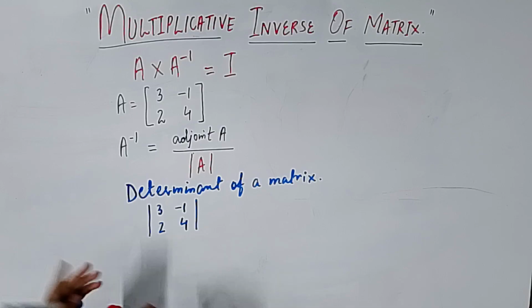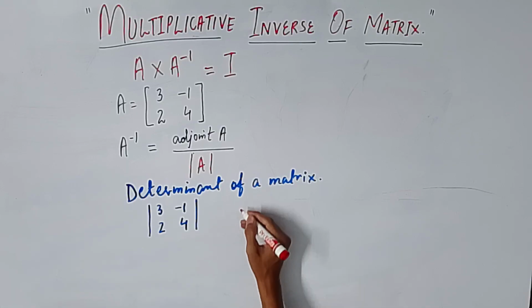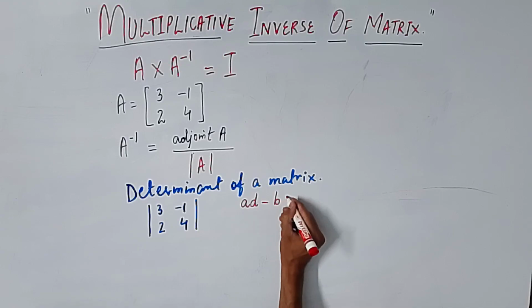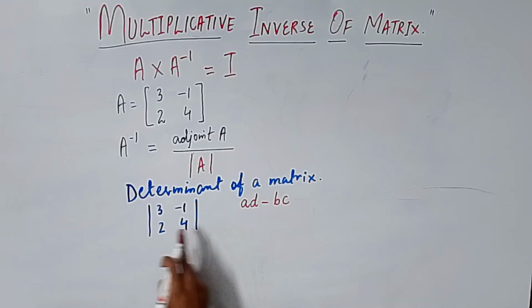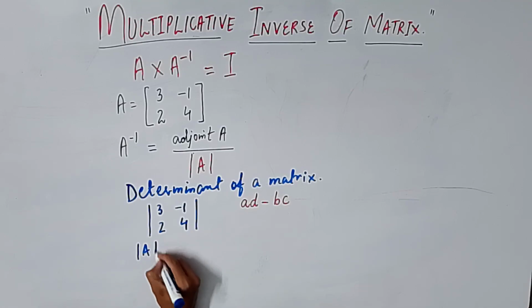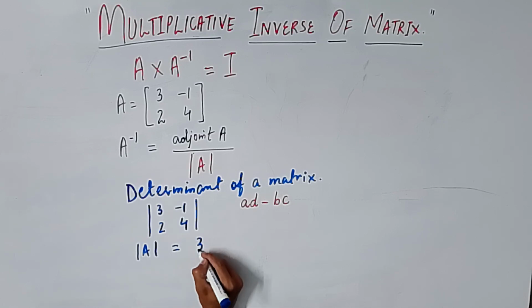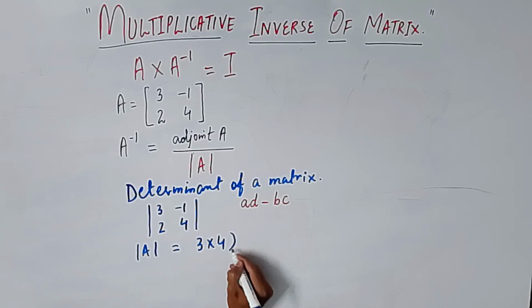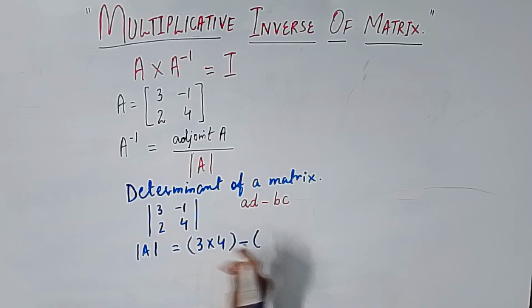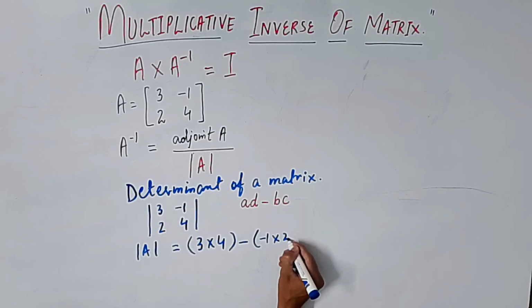Actually it is not a particular formula, but it is A multiplied by D minus B multiplied by C. A multiplied by D means diagonal elements, so it will be 3 multiplied by 4. So the determinant of A is 3 multiplied by 4. In between it will be minus, and then B multiplied by C means -1 multiplied by 2.